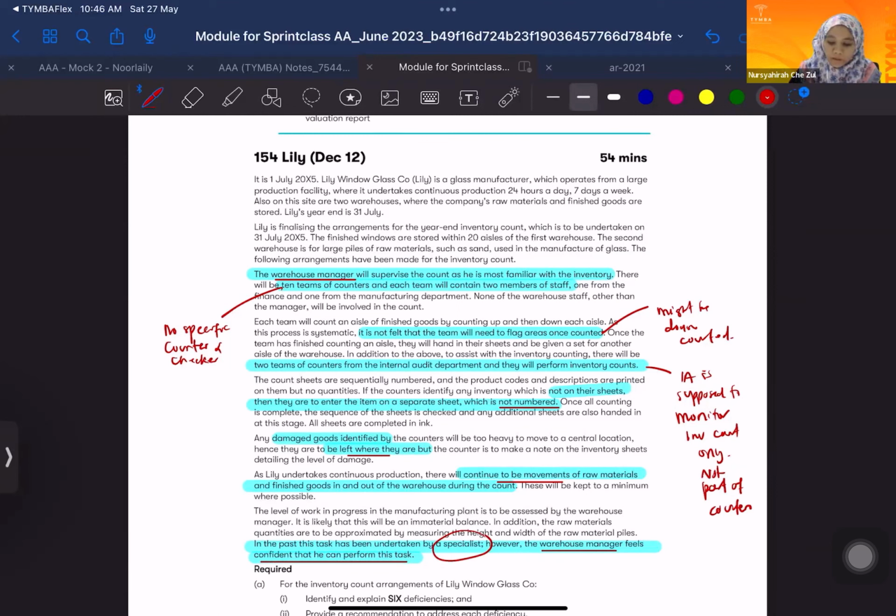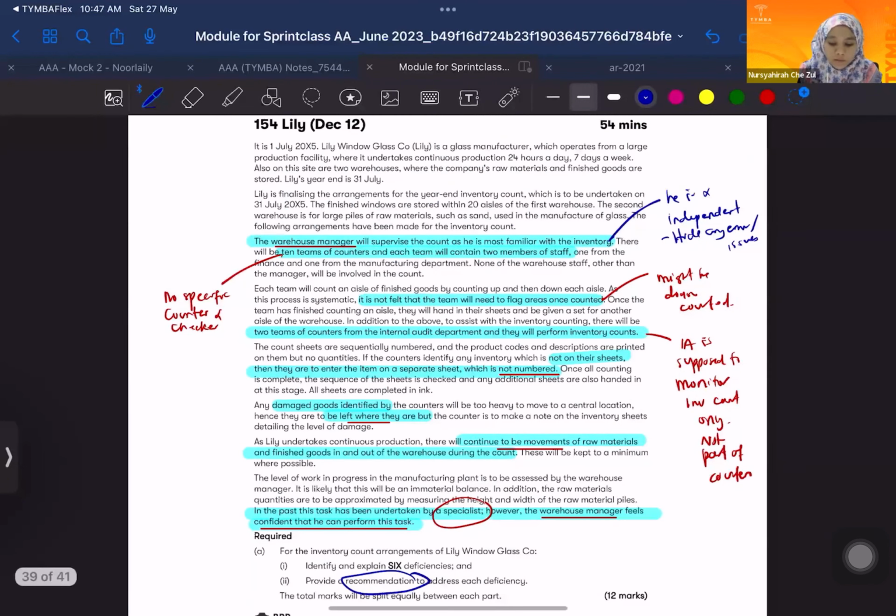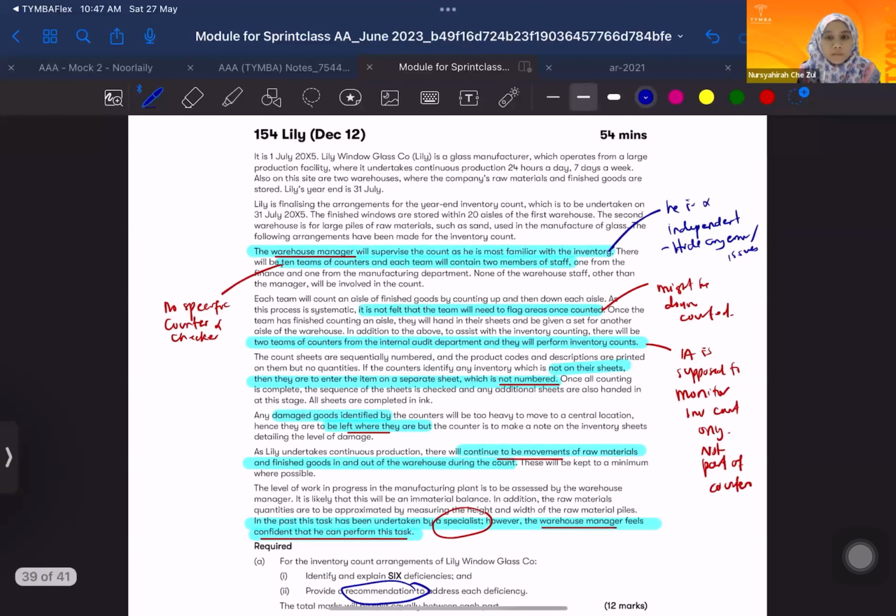Now on the reason, the warehouse manager cannot supervise the count because he is not independent, so he might hide any error or issues encountered during the inventory count. This question is about recommendation, so you can put in the recommendation as per the notes we read together just now: the supervisor of the inventory count should be someone independent from the warehouse, for example the finance manager.